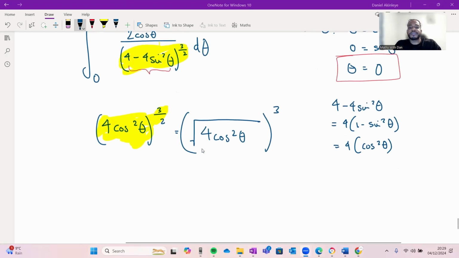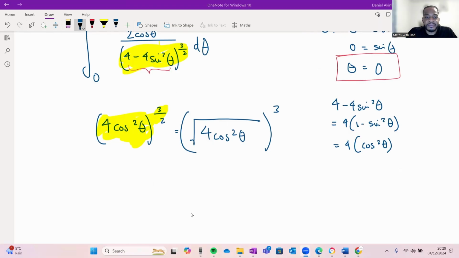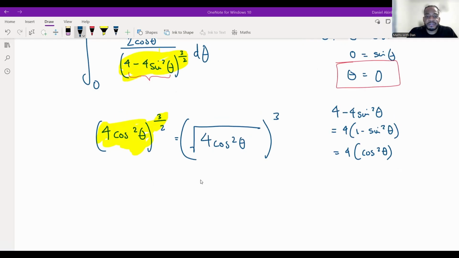What is the square root of 4 cos squared theta, guys? Exactly. It's just 2 cos theta, all cubed, which is equal to exactly, 8 cos cubed theta.